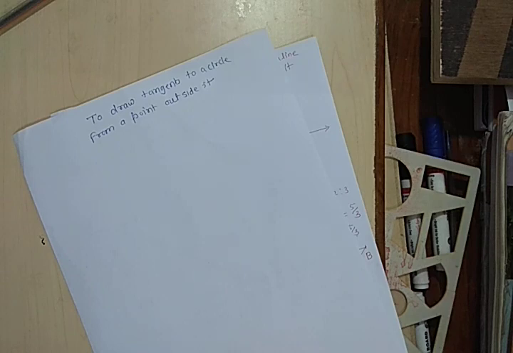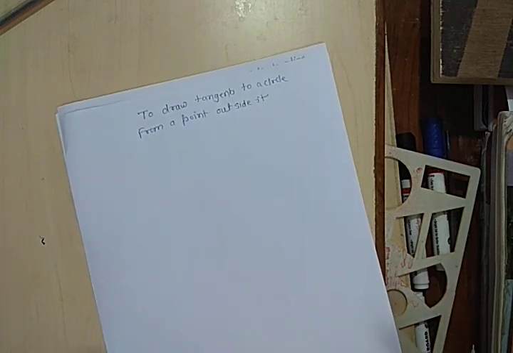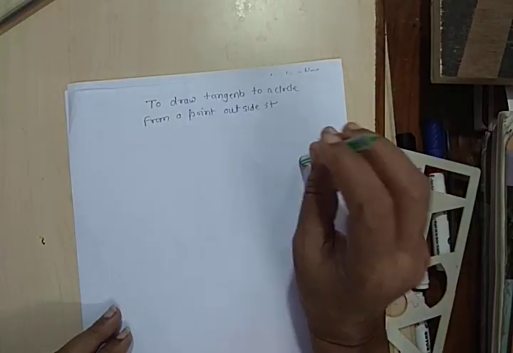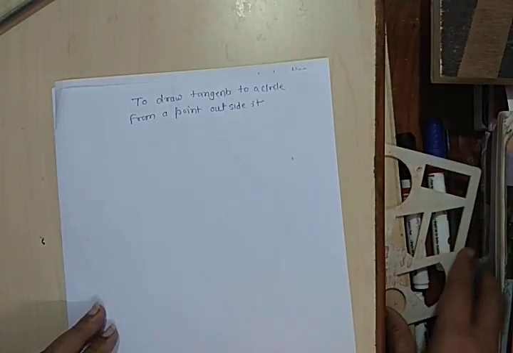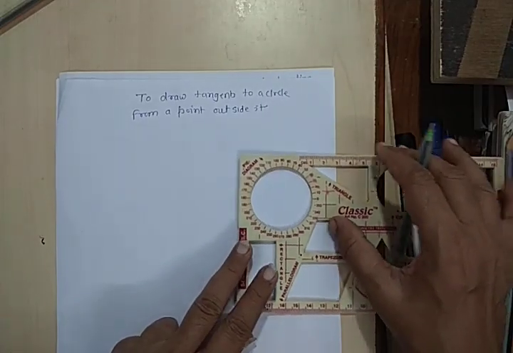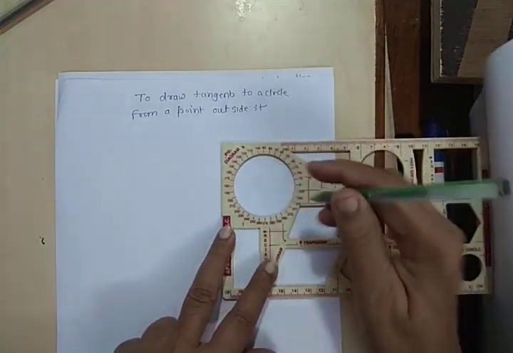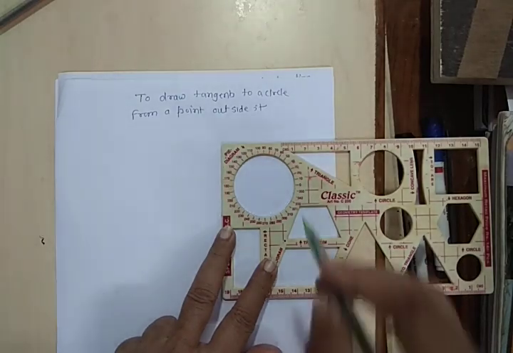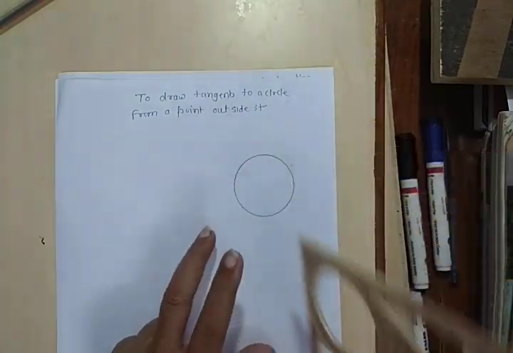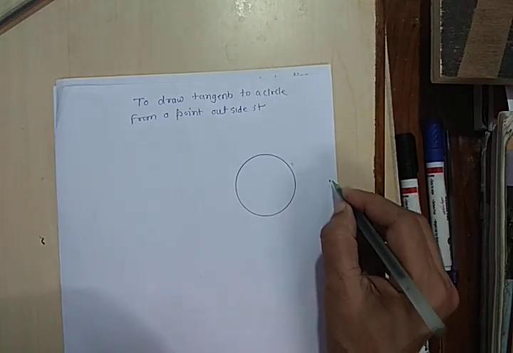This theory we have learned in last sessions. We know that if a point is outside the circle, we can draw at least two tangents to the given circle. Suppose this is a circle and a point P is outside it.